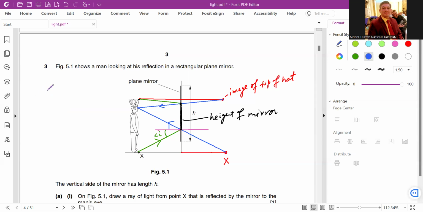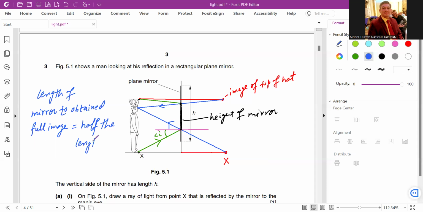The simple formula we use in MCQs is: length of mirror to obtain the full image is equal to half the length of the object.